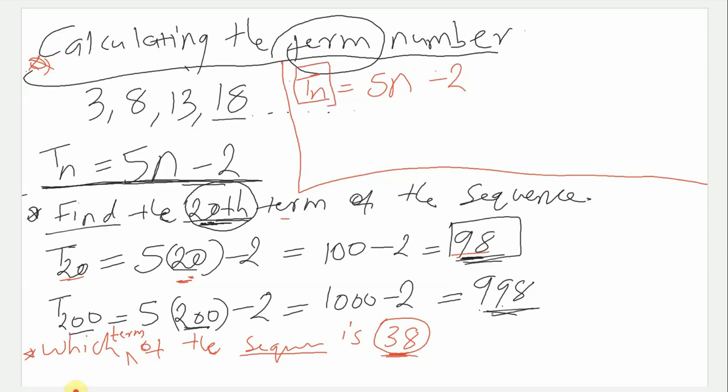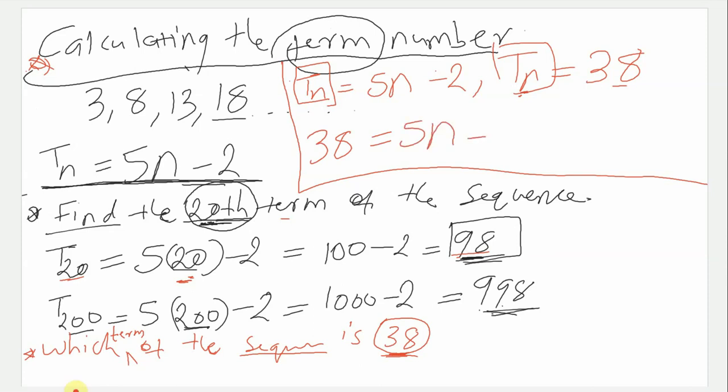So my Tn is equal to 38. Not n, but the whole thing. Tn is 38. n is an unknown value. Then you're going to have 38 is equal to 5n minus 2.